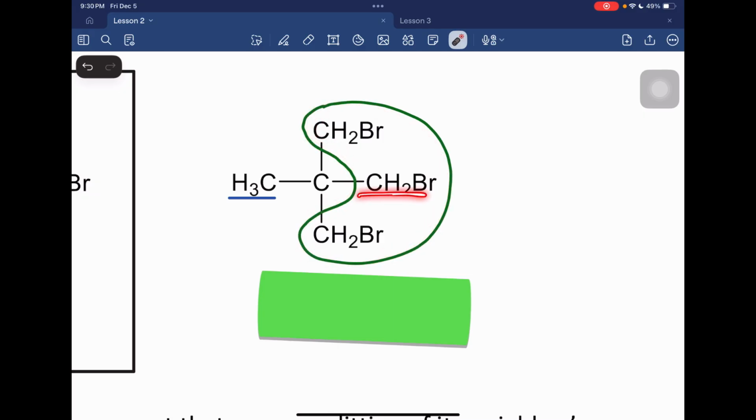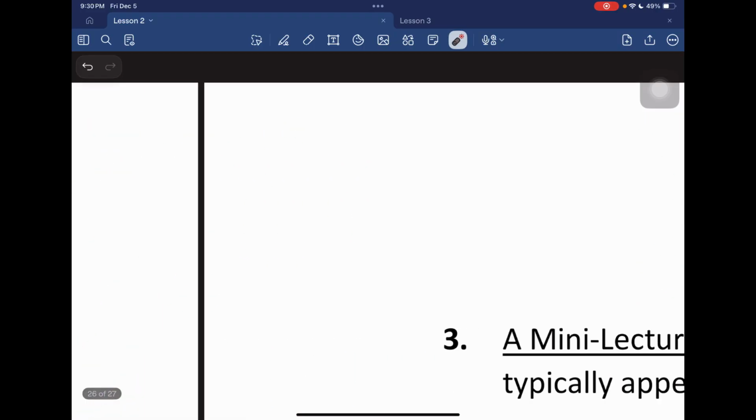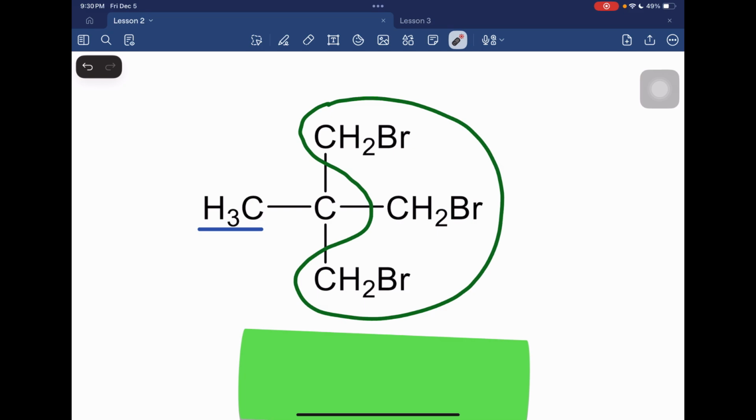And again, the only difference here was that this was, like for example, this is 3, right? And this is BR. Here we see exactly that. It's pretty much flipped, right? We have CH2 BRs with an outlier of CH3.